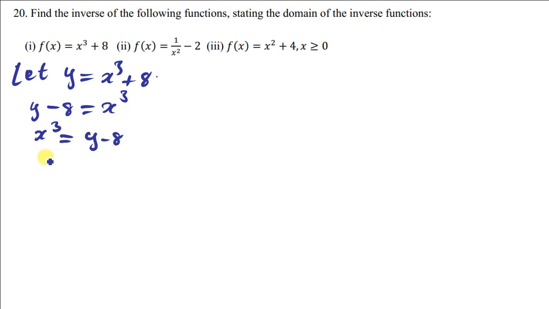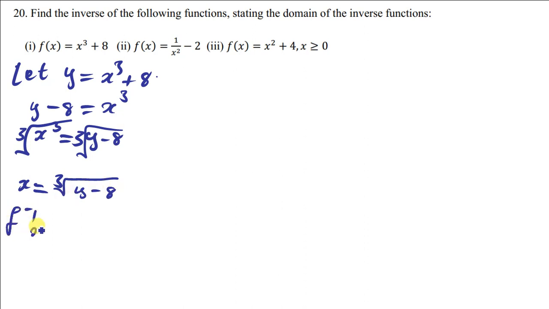To make x the subject, we're going to find the cube root of both sides. So x will now be equal to the cube root of y minus 8. So f inverse of x will therefore be equal to the cube root.